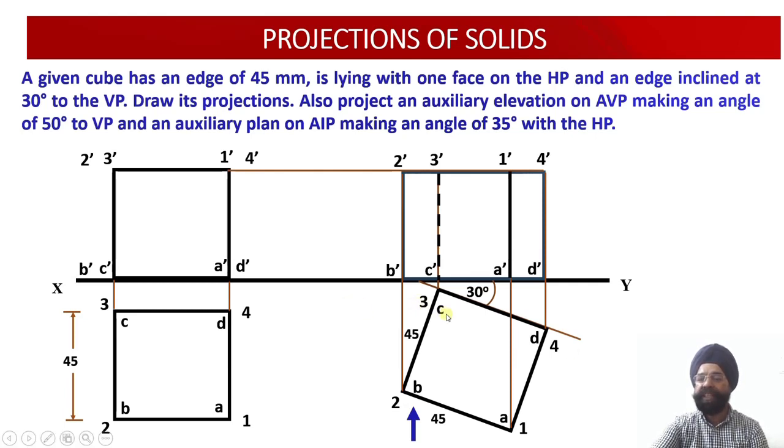If some edges fall onto the boundary, they will be drawn dark. Otherwise, those edges which are not on the boundary will be drawn dotted. So this is the edge on the back side. The 3C edge is lying on the back side, and that is why 3 dash, C dash has been drawn dotted.